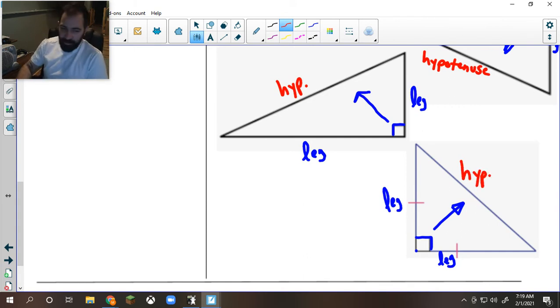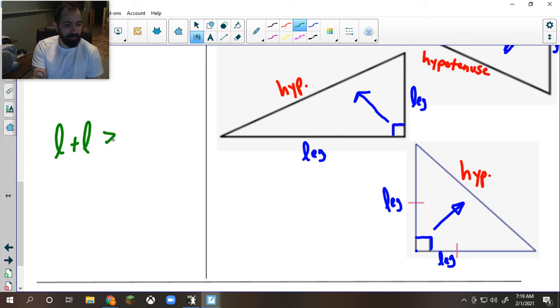A couple things you may remember from different years. If you remember this, L plus L being greater than H, okay, 5, 6, 10. Those are the sides of a triangle. Leg plus a leg has to be greater than a hypotenuse.